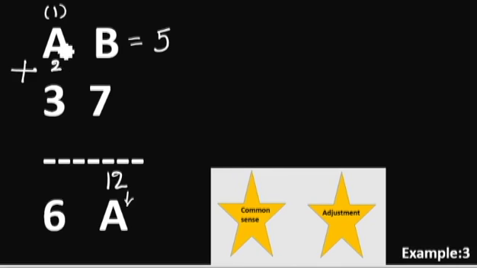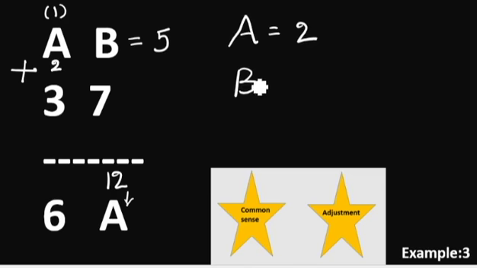Now you have to add all the numbers. 1 is the carry over value, 2 is the value of a. It means by adding 1 and 2 you will get 3, and adding 3 to the previous 3 will get 6. In this way we have our values as a equals 2, b equals 5.